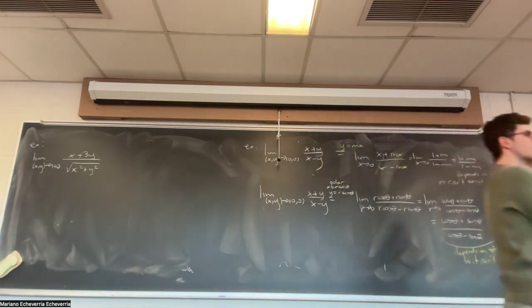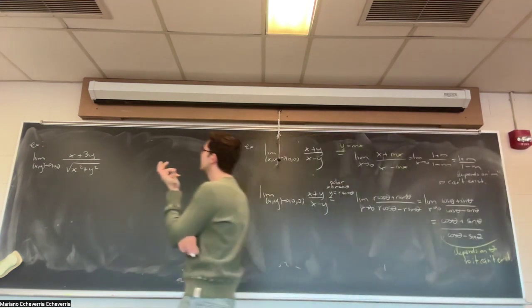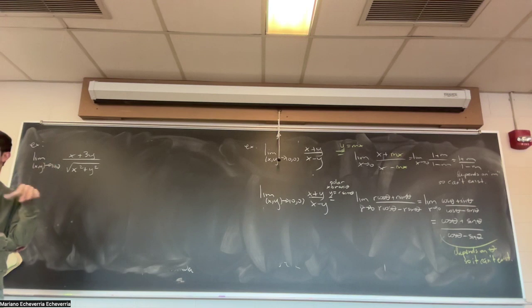Let's say you had something like that. It does involve x squared plus y squared somewhere in the expression. You could either try first to do this y equals mx approach, or you can just trust the hint that I wrote earlier. If you see something like x squared plus y squared, it is convenient to switch already to polar, because that becomes very nice in polar.